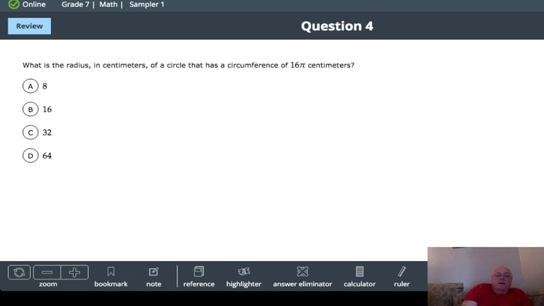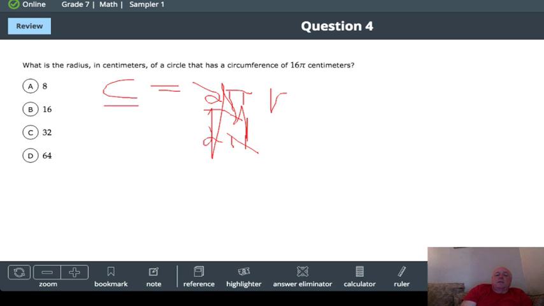In any event, we get C equals 2 pi r. Which means if we divide both sides by 2 pi, this will cancel out.